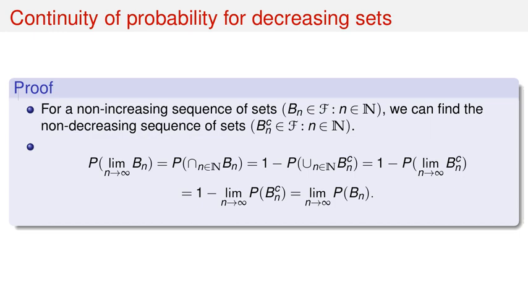Using the continuity for increasing sets, this becomes 1 minus the limit as n approaches infinity of P of Bn complement. Finally, this is equal to the limit as n approaches infinity of 1 minus P of Bn complement, which is the limit as n approaches infinity of P of Bn.